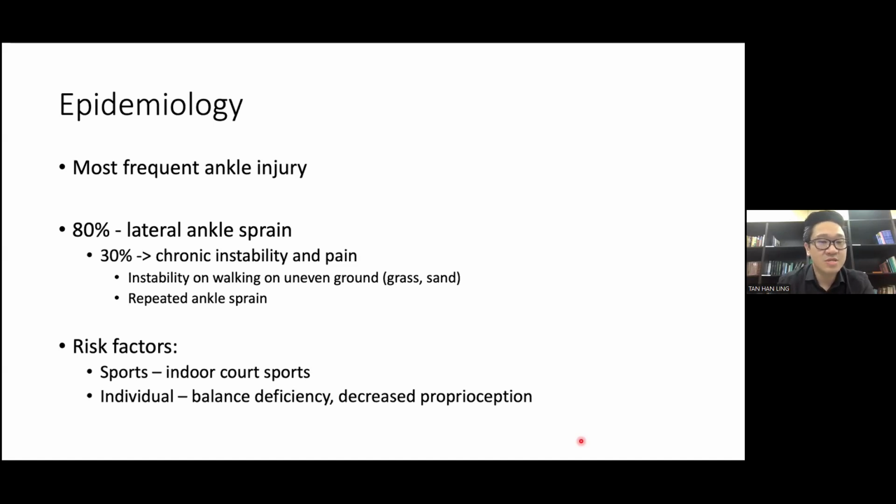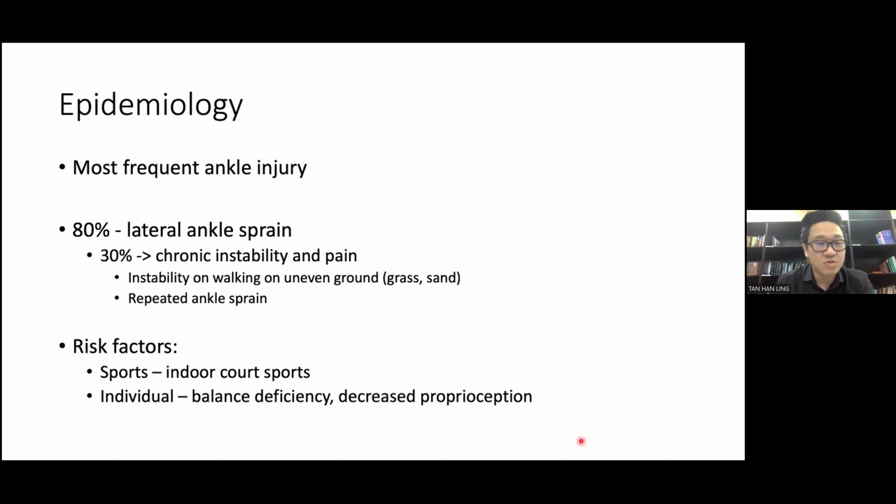The risk factors for sports are, for example, indoor court sports such as badminton, basketball, netball, and even futsal. Individual risk factors include balance deficiency and decreased proprioception.